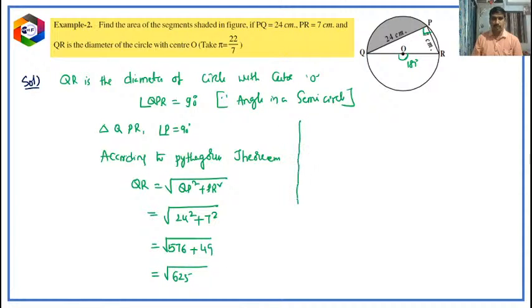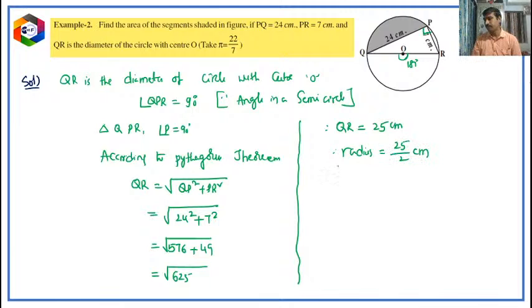Now what is the square root of 625? QR is equal to 25 centimeters. Now what is the radius of the circle? Radius is equal to half of the diameter, that is 25 by 2 centimeters. It is 12.5. Yes, Sivalingeshwar Rao, Jnanita, Jahnavi, very good.